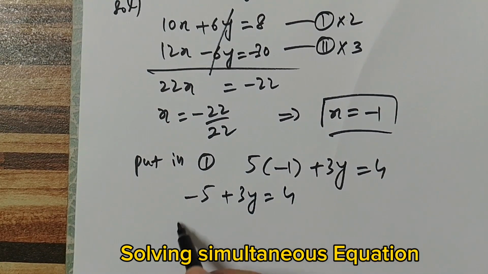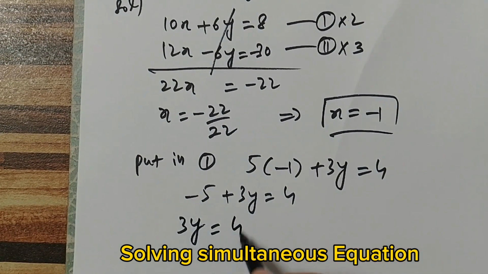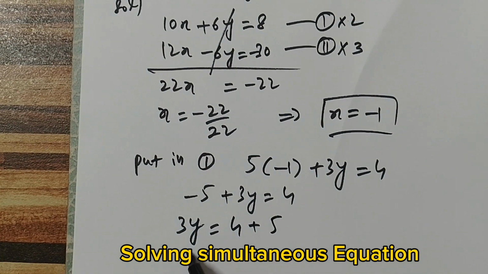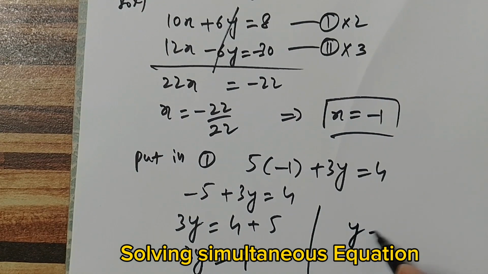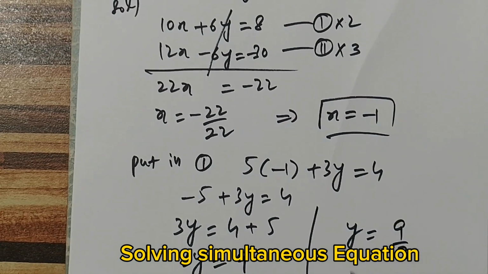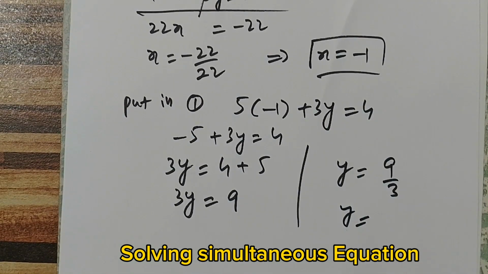If minus 5 is shifted to the other side, it becomes 4 plus 5, and 3y equals 4 plus 5 equals 9, and y is equal to 9 by 3, which gives me y is equal to 3.